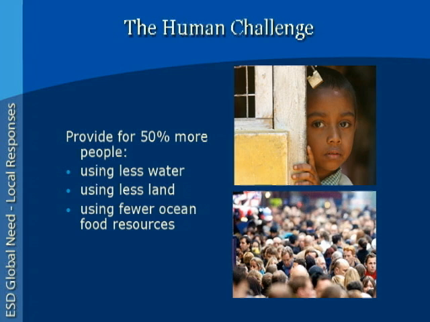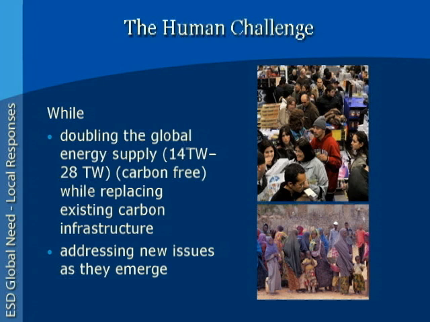They're going to have to do that using less arable land, less fresh water. We're already mining prehistoric water. We're not living on rainfall and so on. They're going to have to quadruple the world's energy supply by 2050. And oh, by the way, that new energy has to be carbon-free.